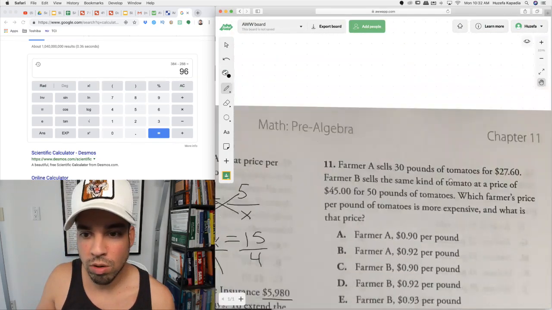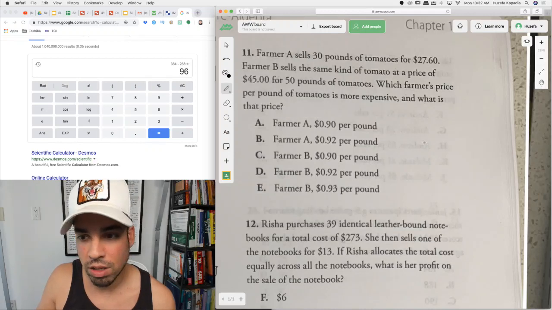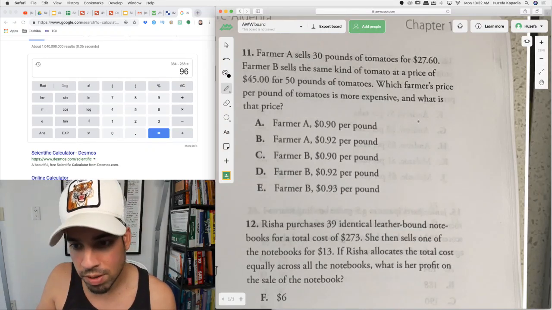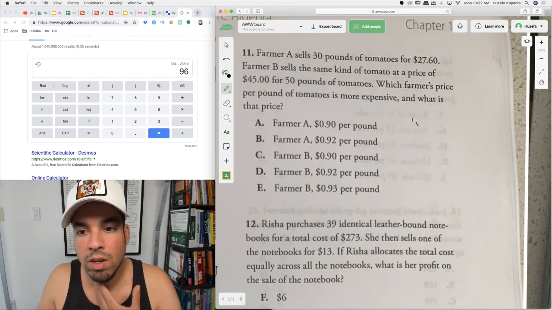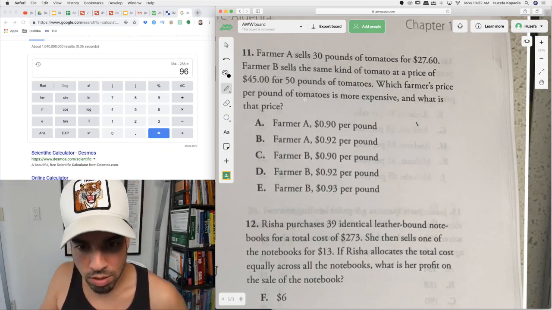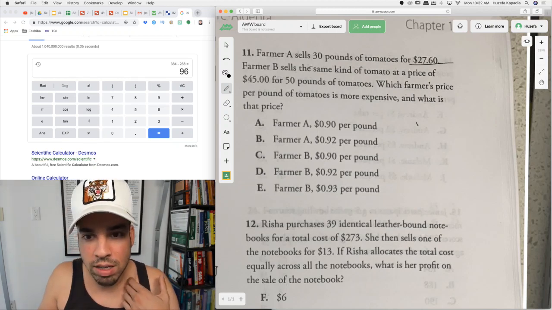All right, number 11. Farmer A sells 30 pounds of tomatoes for $27.60. Farmer B sells the same kind of tomato at a price of $45 for 50 pounds. Which farmer's price per pound is more expensive? Okay, so again, we want the price per pound. So we're taking the price and dividing it by the pounds.